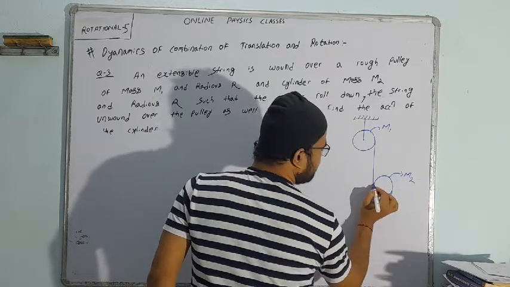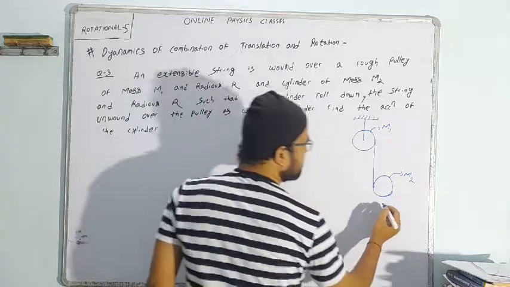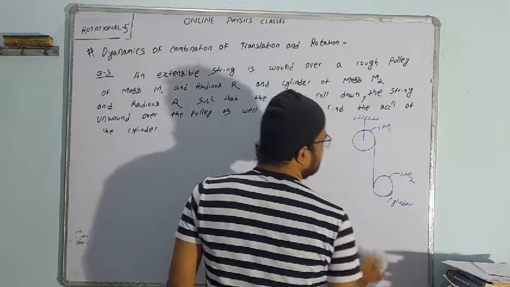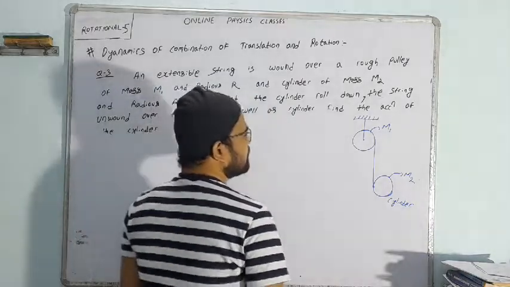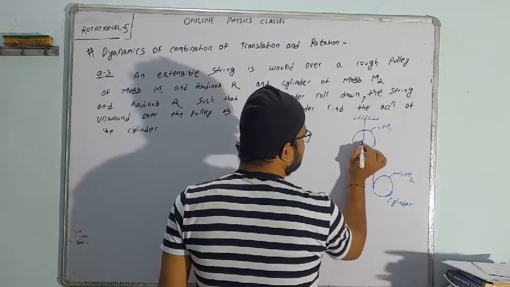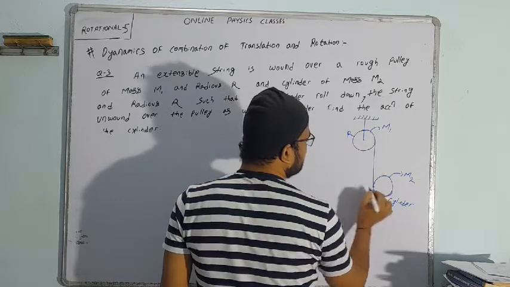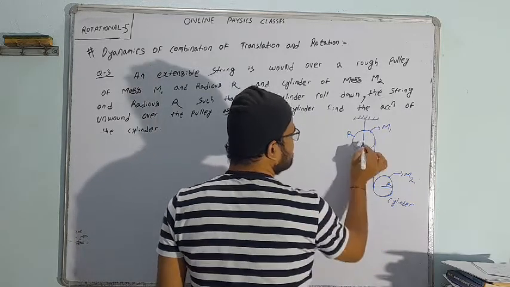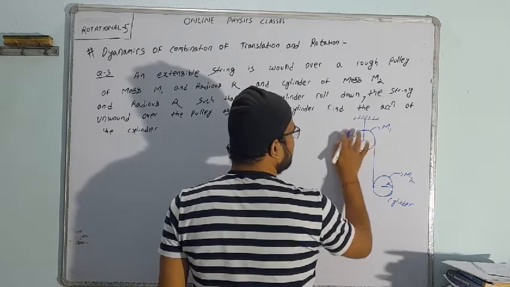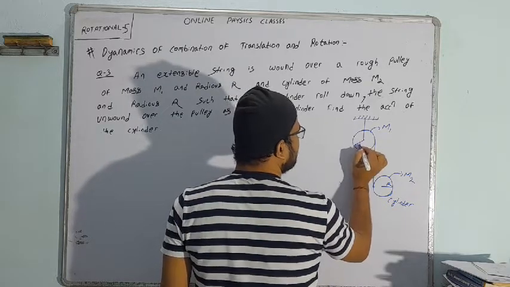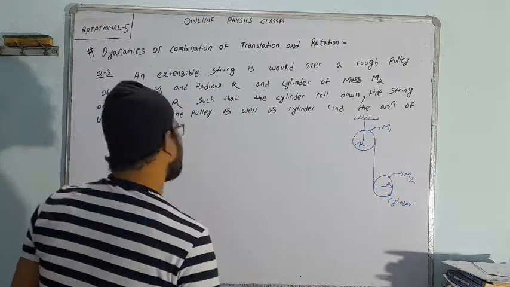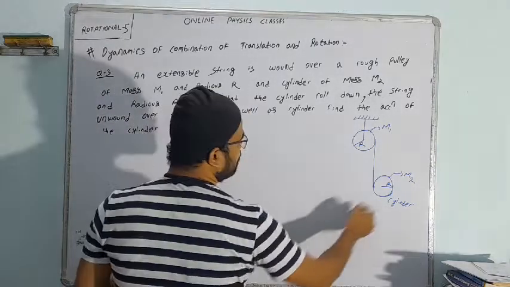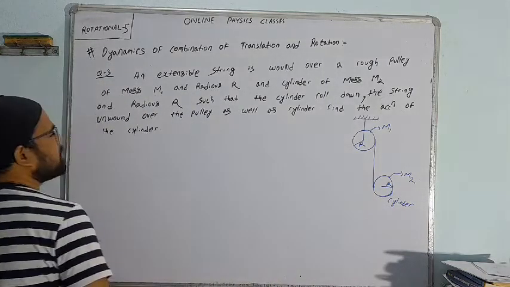This radius is r and this radius will also be r, so the radius is the same. Find the acceleration of m2.